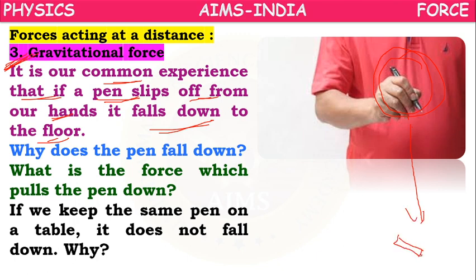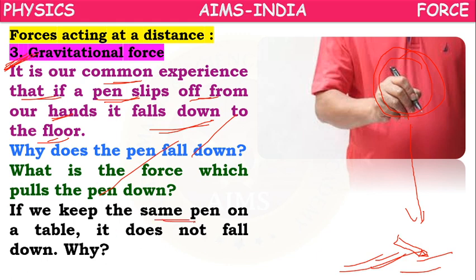Why is it falling down? What is the force which pulls the pen down? It is gravitational force, because the earth has gravitational force which tries to pull all objects down.